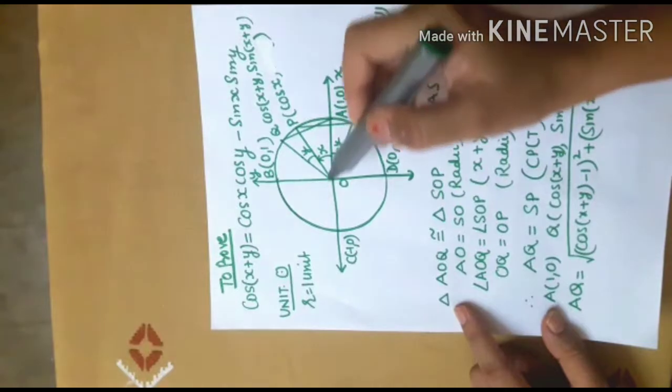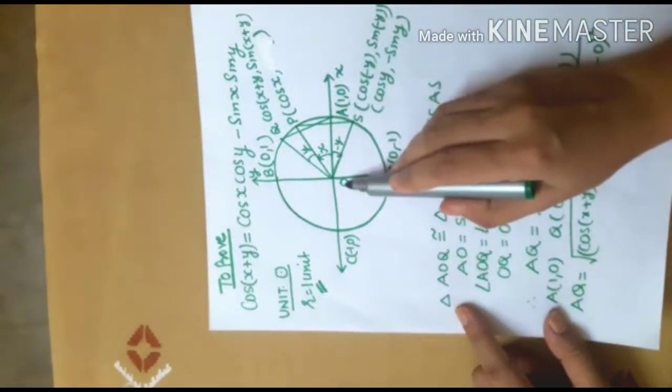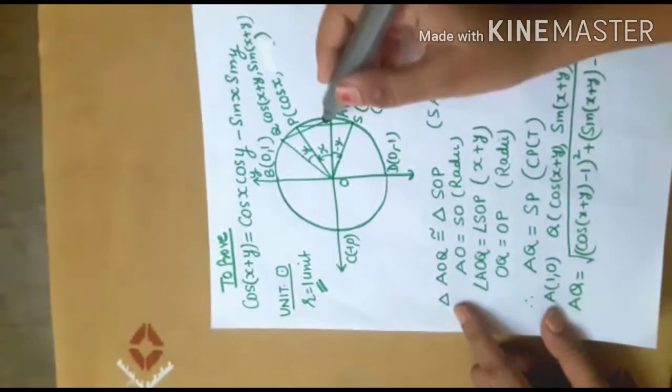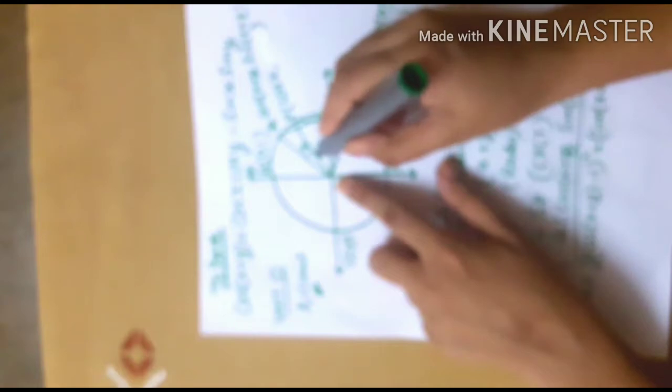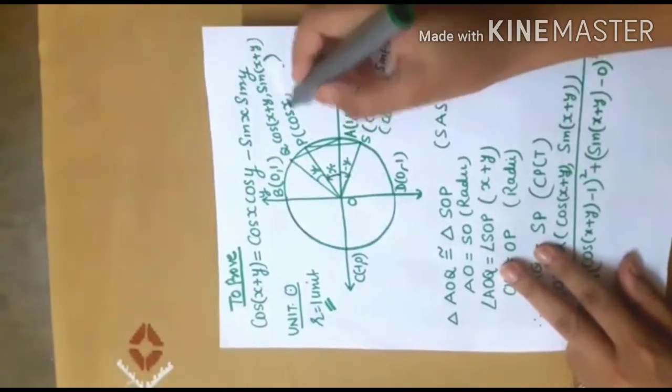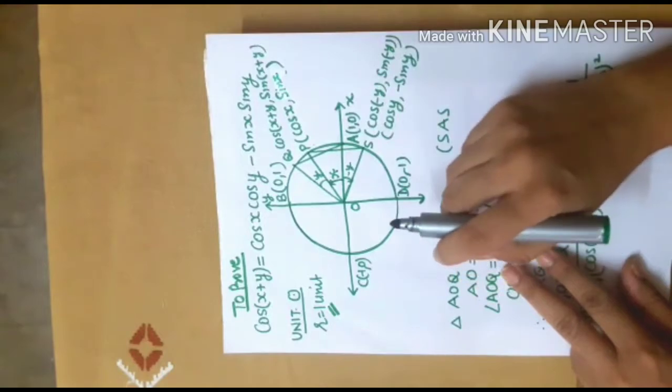Let's take a unit circle, meaning the radius of the circle is 1 unit, and the center is at the origin. Let this angle AOP be x. Then we know that the coordinates of the point P will be (cos x, sin x).